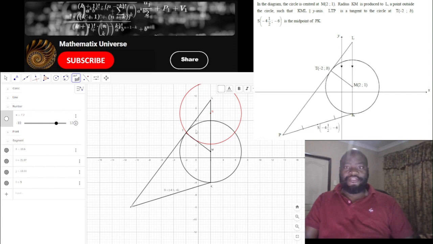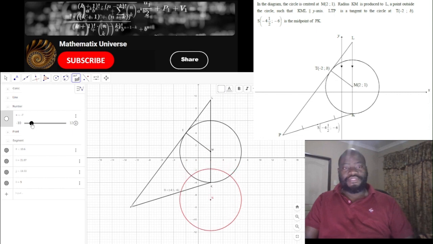As you can see, I have made its center N, and N has the coordinates: the x value is the same as this one here, M, which is 2, and then the y coordinate is n, and it is varying. So when it is changing, this is how it is moving.